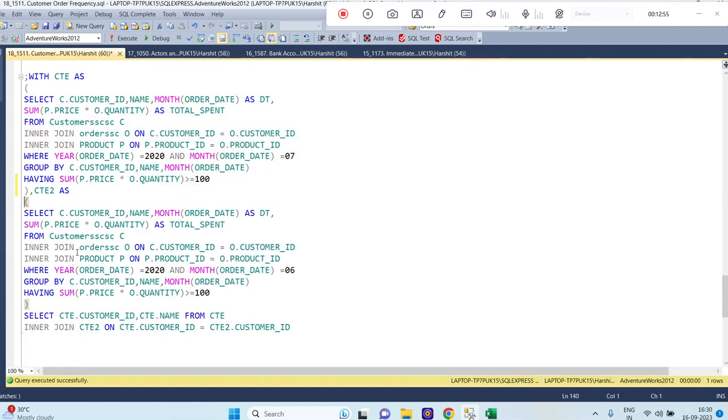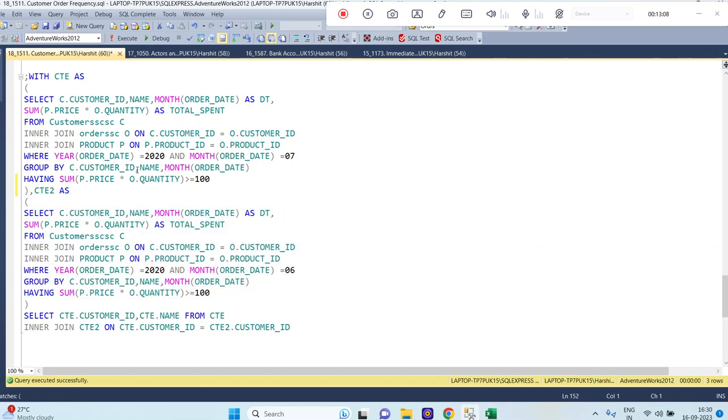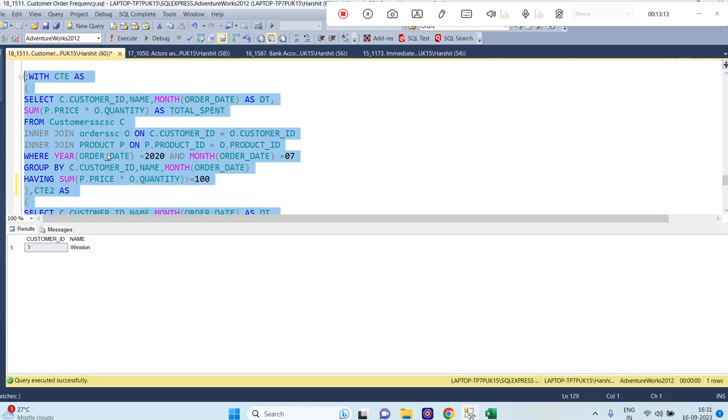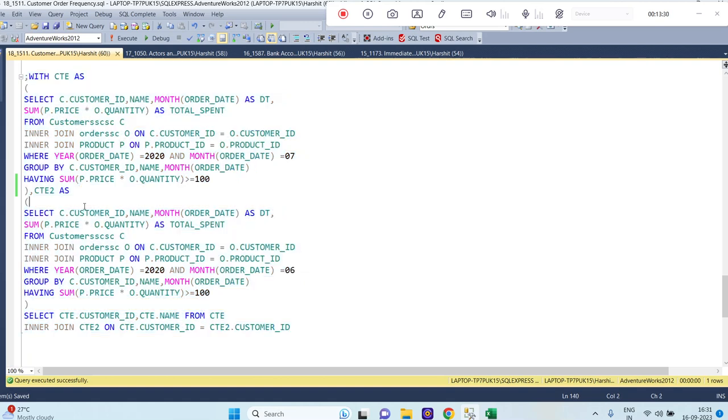But for the result set of the June month, customer ID 1, 2 and 3, all these three have spent 100 or more dollars. Now if you do the join between these two, then again customer ID 1, Winston, will come, because he is the only common customer who has spent more than $100 in both June as well as July, right? So this will be our output.